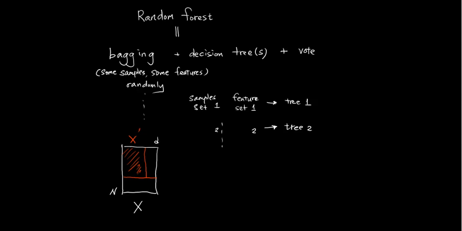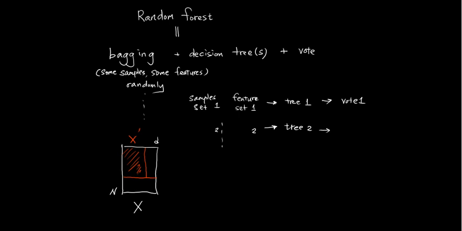So now if a new data point comes in, then the first tree will give you a prediction. And this prediction will give you a vote. It votes that, okay, this data point belongs to a certain category. Tree number 1 thinks that, okay, it belongs to label 1, for example.